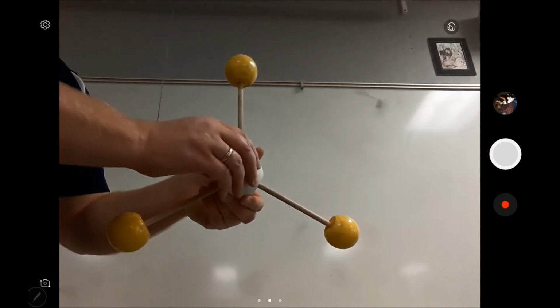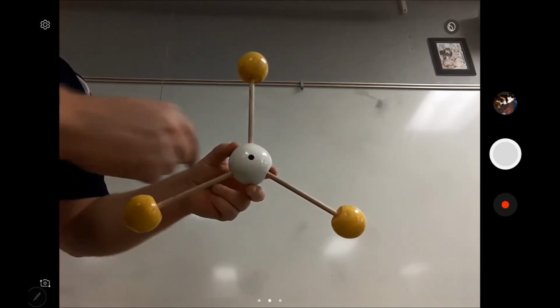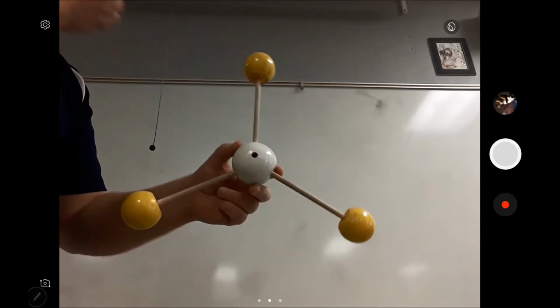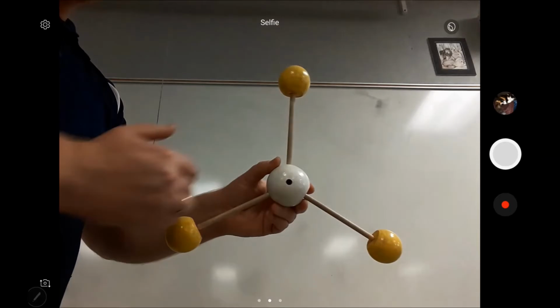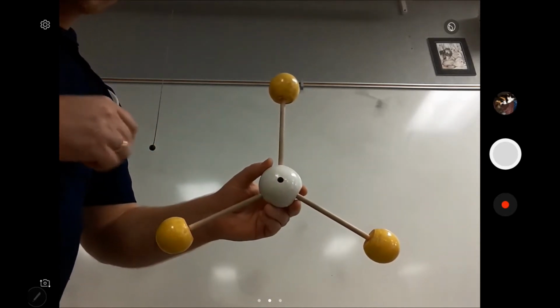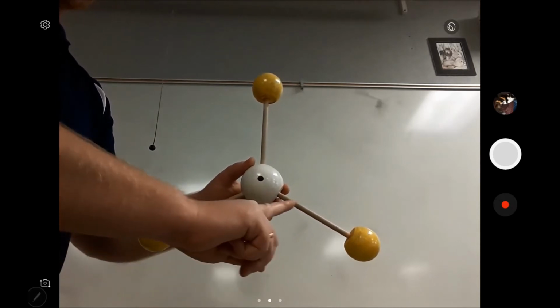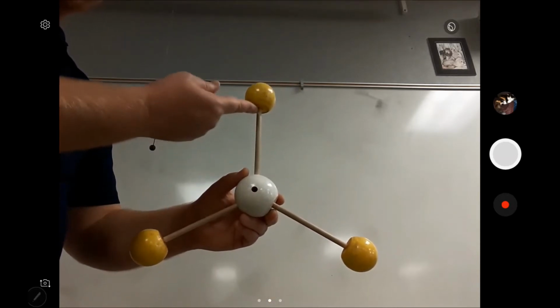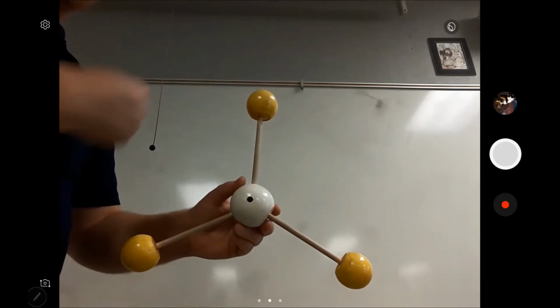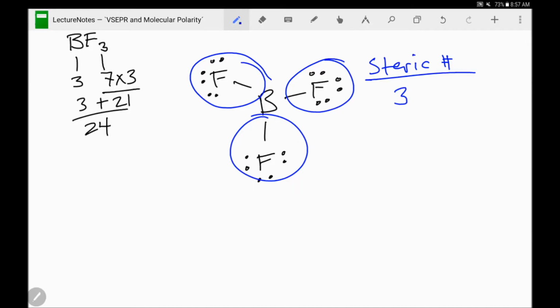You've got 3 electron groups, this one coming off this way, this one coming off that way, and this one going up. The lateralness of these 2 groups coming off to the side cancel each other out, and then these come down a little bit, and this one goes up a lot, and the downness of this cancels out the upness of that. We normally draw that using vectors.